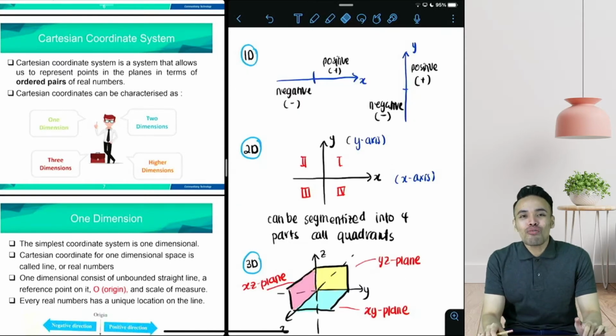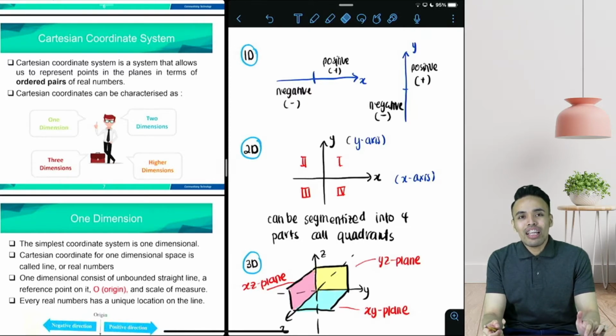As mentioned earlier, a one-dimensional coordinate system is simply a point on a line or a number line. Meanwhile, if you can see on your screen, a two-dimensional coordinate system always works with the x and y axis. It can normally be divided into four different regions, which we call quadrants: first quadrant, second quadrant, third quadrant, and fourth quadrant.